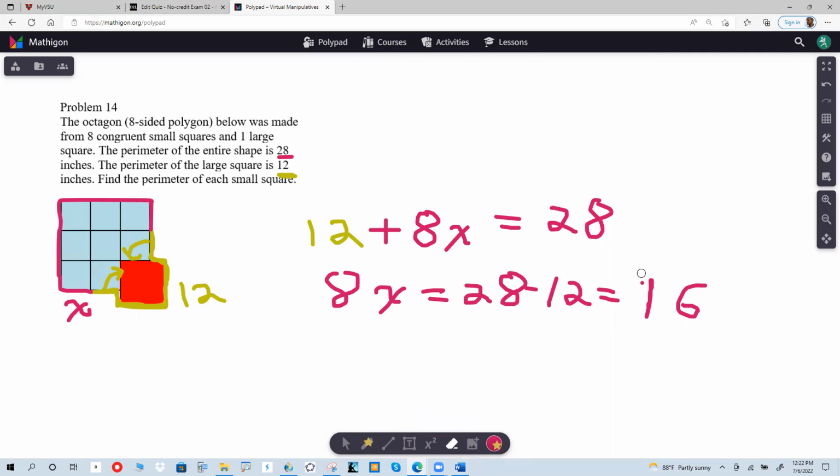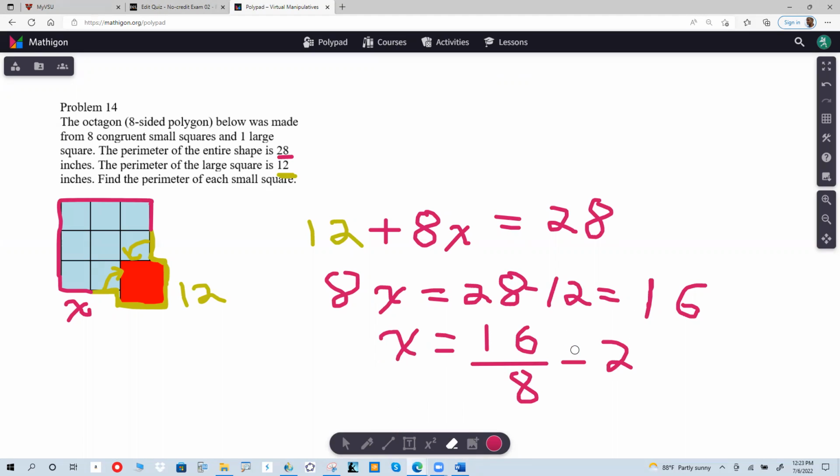Okay. Now, what is X? Give me one second. I have a little square here that's bothering me a little bit. Okay. So X is 16 over 8, which is 2.